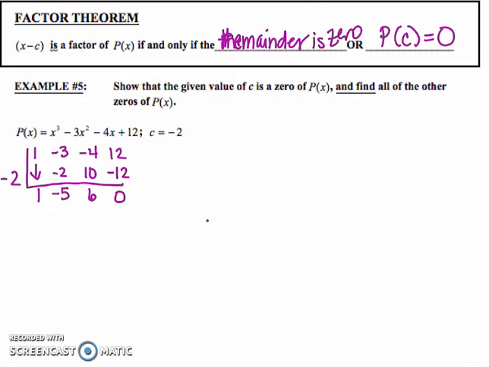Okay, so what this just proved is, yes, x equals -2 is a solution, which was part of my job, right? I had to prove that the value of c was a 0. And yes, x equals -2 is a 0 of the polynomial or is a solution. But now I have this new polynomial to factor and solve.